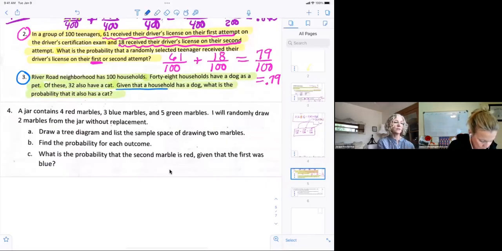Given that the household has a dog, so that's not out of the 100, it's out of the 48. So out of the 48 that have a dog, 32 also have a cat.